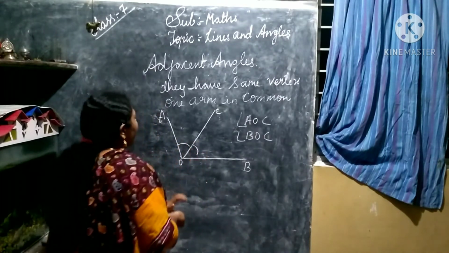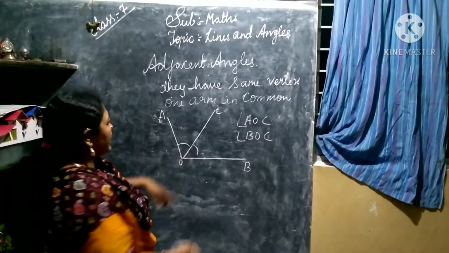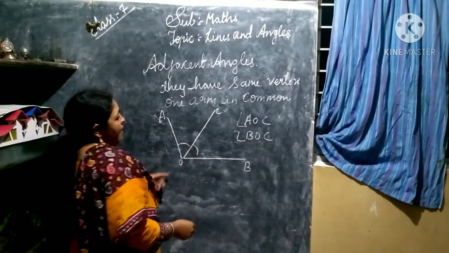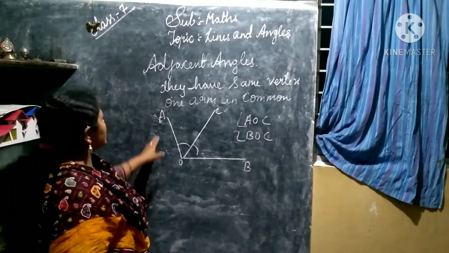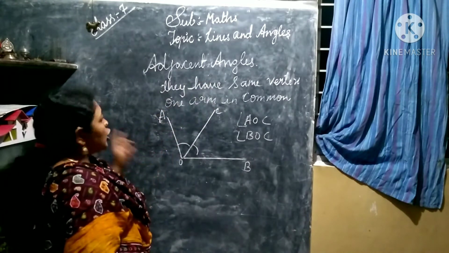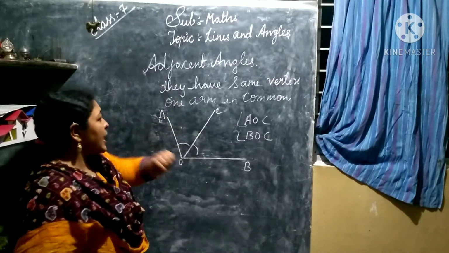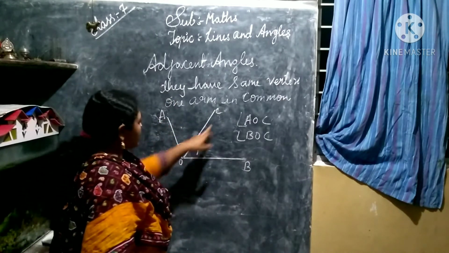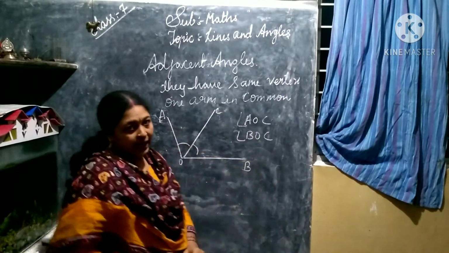Because they have the same vertex, and they have one arm in common, that is arm OC. Is it clear? Because of that we call them adjacent angles.